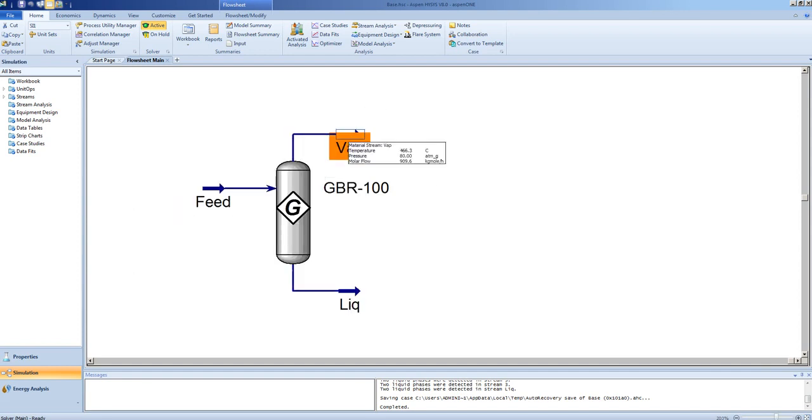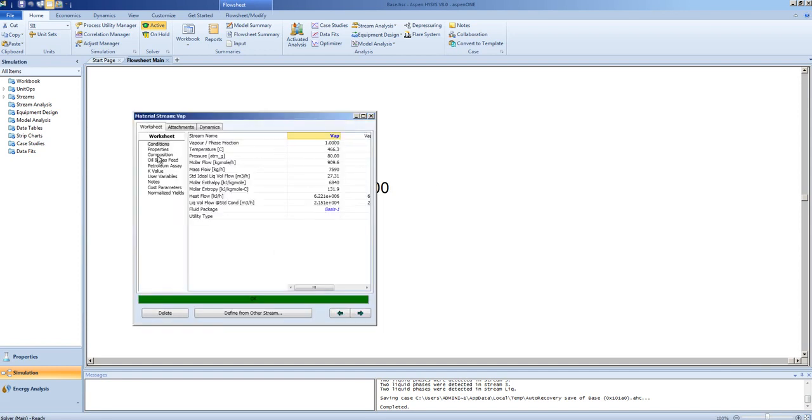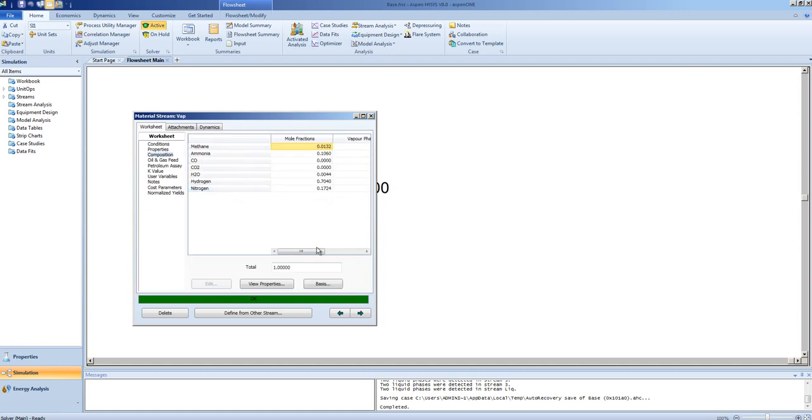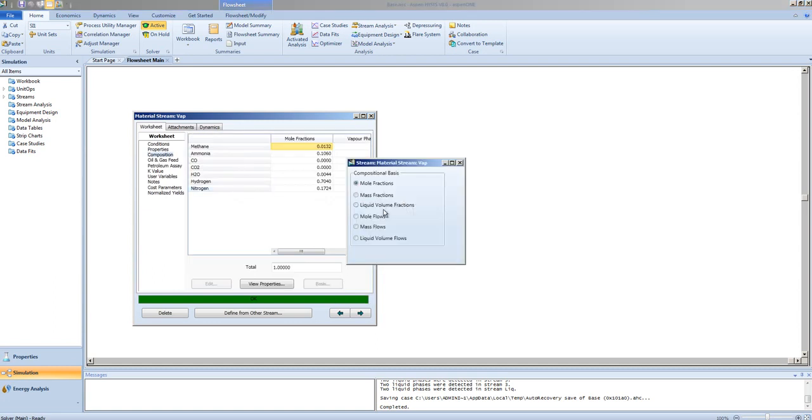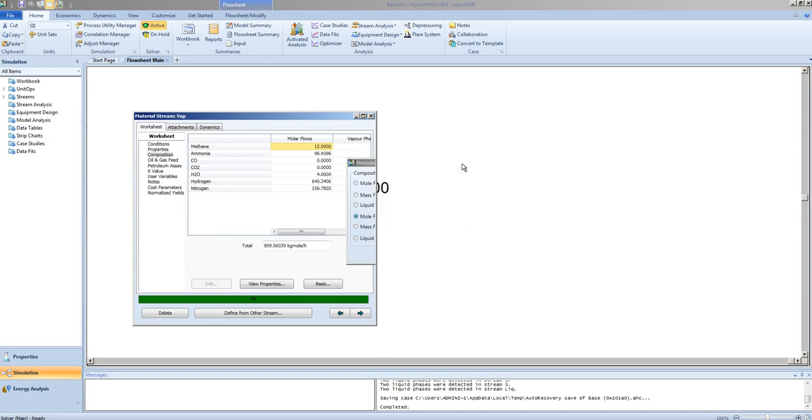If we were to do the same for the vapor stream, change its basis to molar flow, here we can see that there was a little methane produced, because this was initially 10.